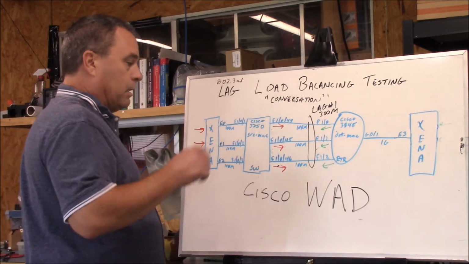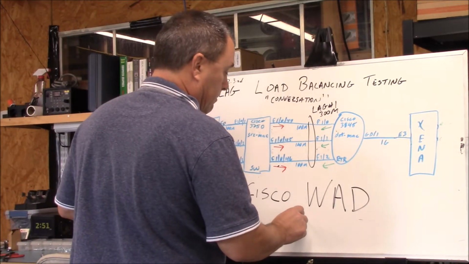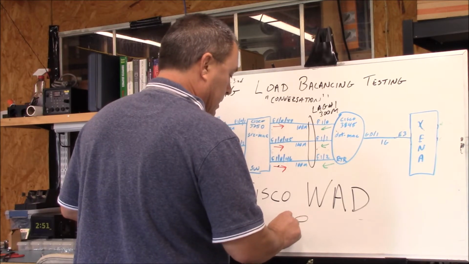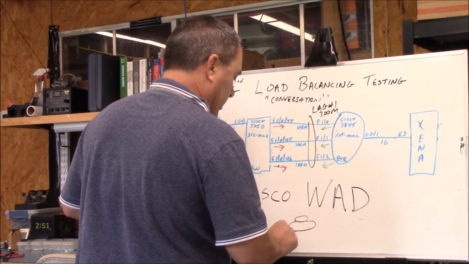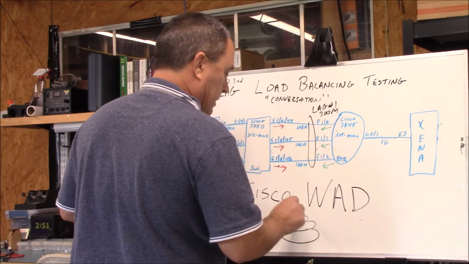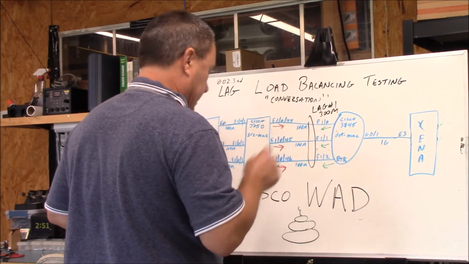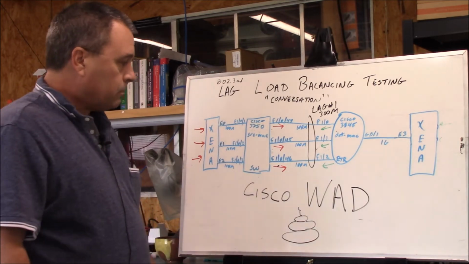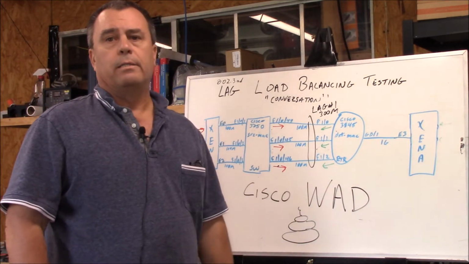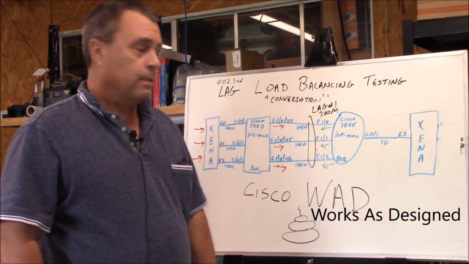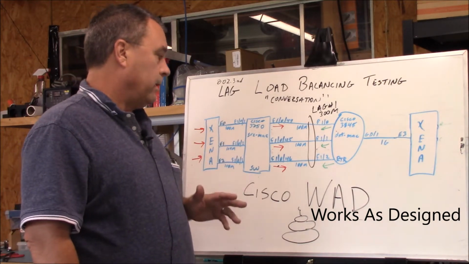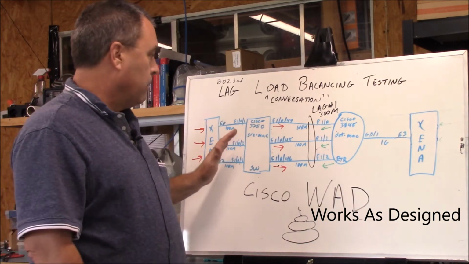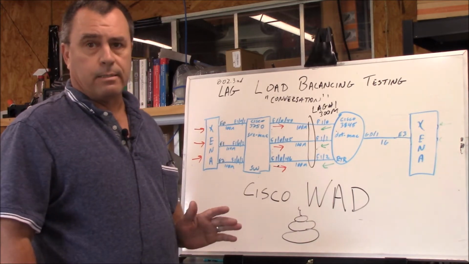All right, and the symbol for the Cisco WAD is 3 ovals stacked on top of each other, sometimes a little curly-Q coming up out of the top of it. What WAD stands for is works as designed. And so Cisco either won't fix it, they don't want to, or they can't fix it.